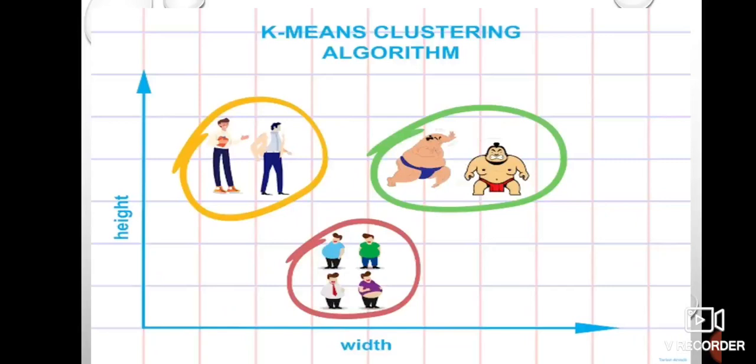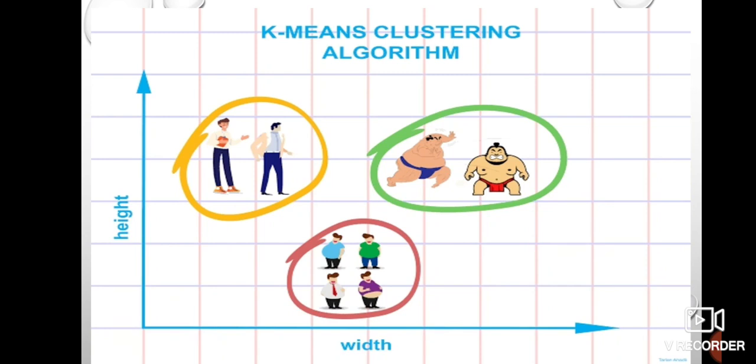So here the first cluster is my very slim and tall persons, the second cluster is tall as well as fatty persons, and the third cluster, my red one, is very short and fatty persons. So according to these criteria, height and width, I am dividing the persons into three clusters.